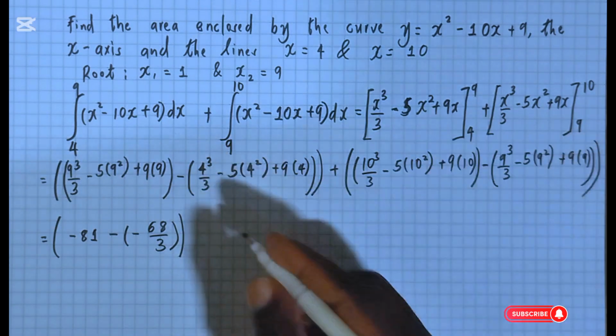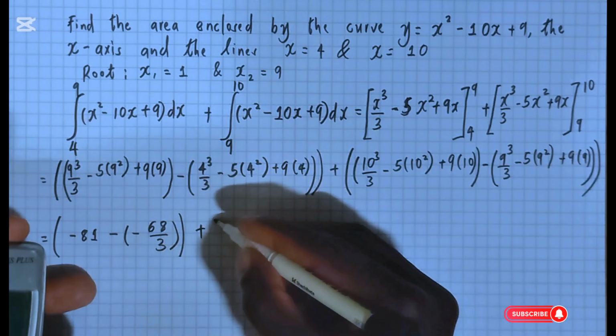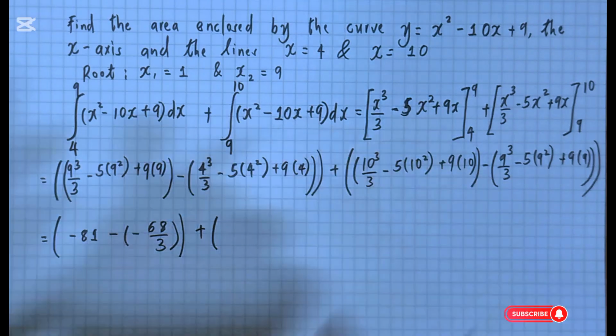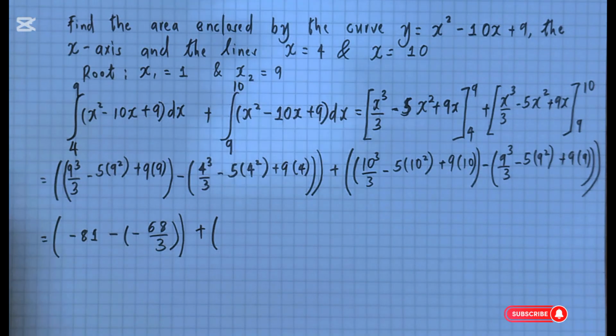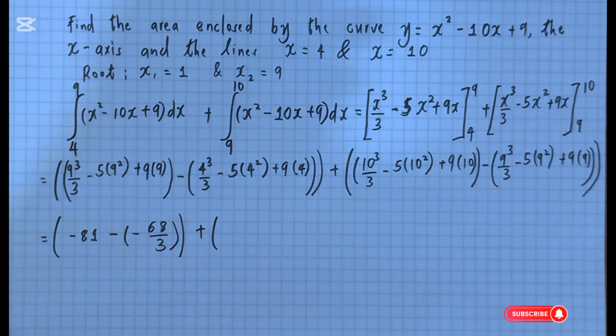Now for the area above the x-axis, we are having what we are seeing there. So why don't we solve for this bracket here particularly? Using your calculator, it's going to be 10 cubed, you can do it together, all over 3, minus 5 into 10 squared, plus 9 into 10.